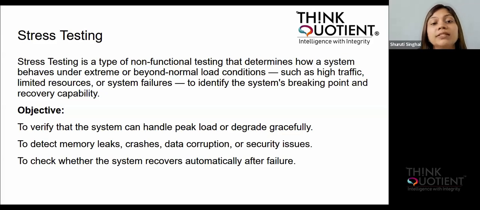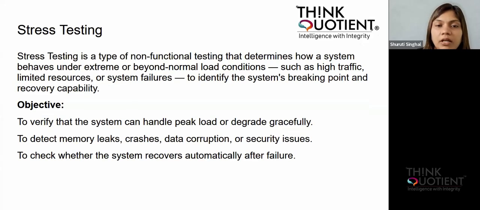So what you will do is simulate 5 times the normal load and test how it is going to handle these transactions, log any errors that might happen, prevent any data loss, and see how it is going to recover if there is any crash. If there is a crash, are my transactions recovering from it? Am I getting my money back? Right? All these things are checked under stress testing.